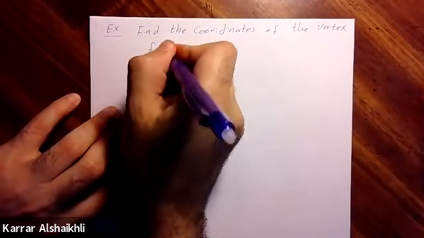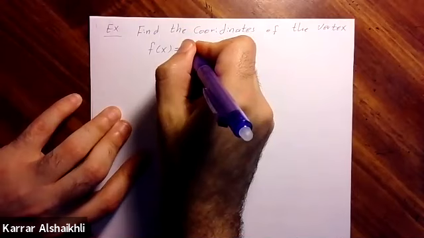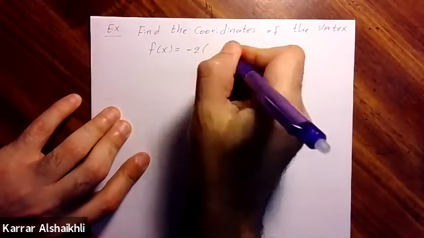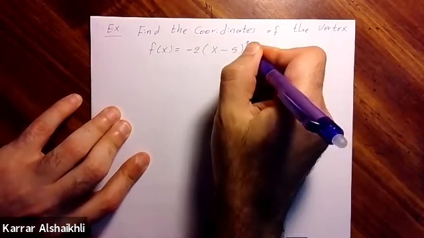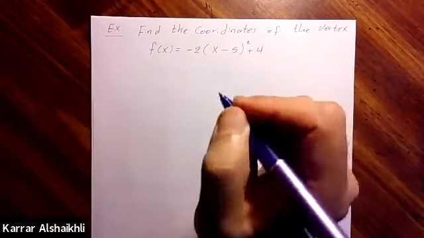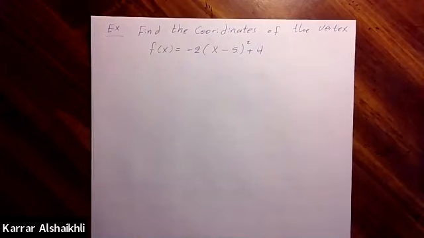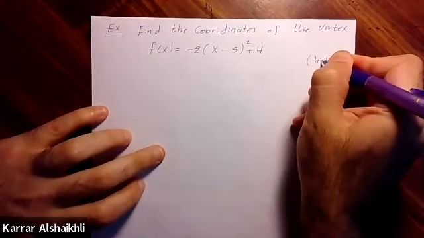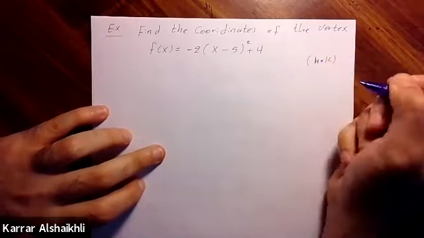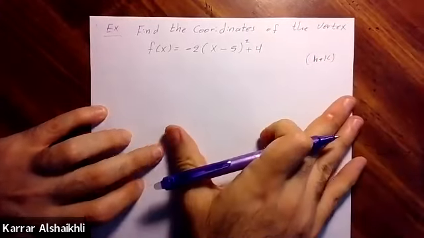They tell you f of x equal negative 2 (x minus 5) squared plus 4. This is really important. They're going to give you the vertex formula, but they're telling you find the coordinate of the vertex. That means you have to find the h and the k, because we already know the vertex is h and k. That means we need to find the h and the k. So check here what you have to do.